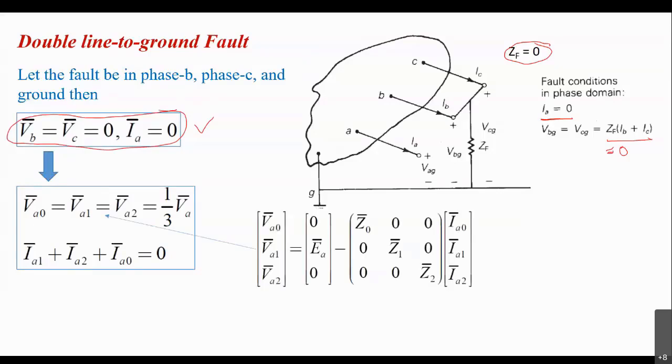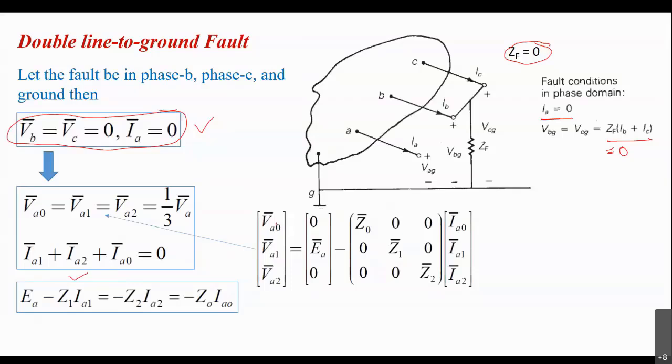Just by substituting VA1, VA0 and VA2, or VA1 in terms of EA, IA1 and Z1, we'll find this equation: EA minus Z1 IA1 equal to minus Z2 IA2 equal to minus Z0 IA0. So if we substitute each individual voltage equation, we'll find this equation.